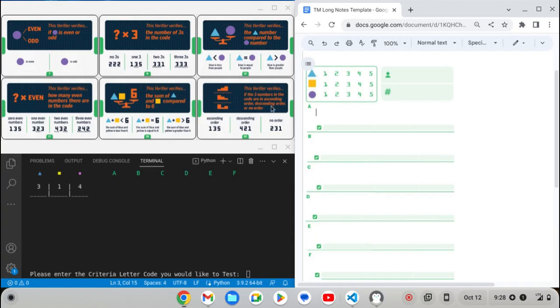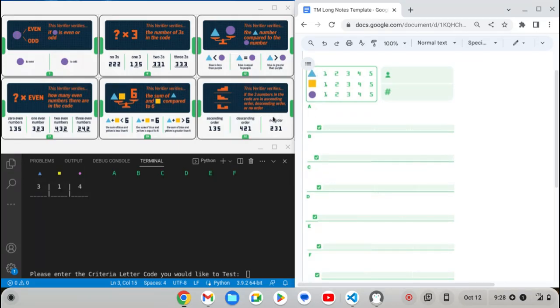And finally, criteria card F will take a look at our 3-digit solution from triangle to square to circle, and will let us know a little bit about the ordering of the digits. Should they appear in an ascending order, or basically increasing, as in the example 135, or should they appear in a descending order, or decreasing, as in the example 421, or should the 3-digit solution have no order?